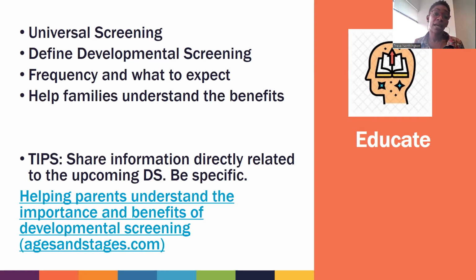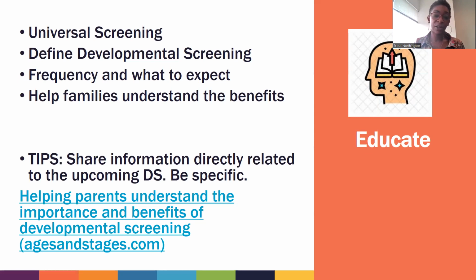So it's very important that when we have families coming in for a general development screen, autism spectrum disorder screener, that we provide them with specific information related to that developmental screener. So they can look at that one specifically, take in the information on that one, and know exactly what to expect.